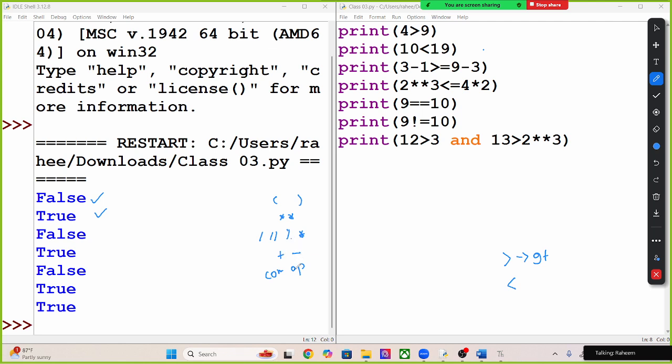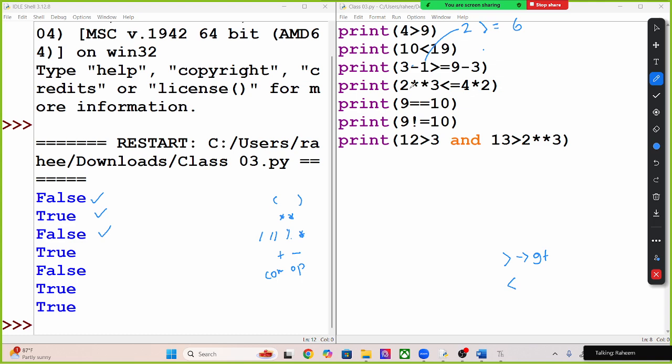At the end only you perform comparison operators. So for the third one, first you compute the arithmetic: 3 minus 1 is 2, and 9 minus 3 is 6. Now tell me, is 2 greater than or equals to 6? No, it is not. Then it prints false.